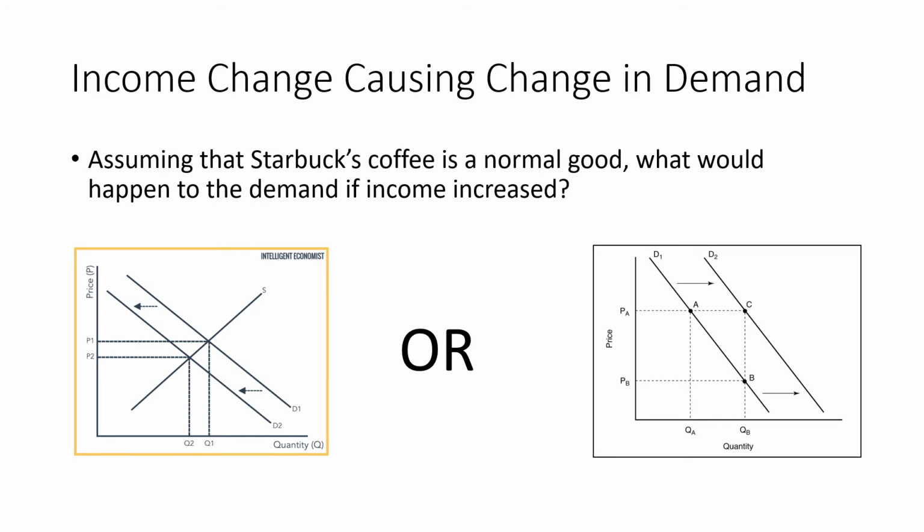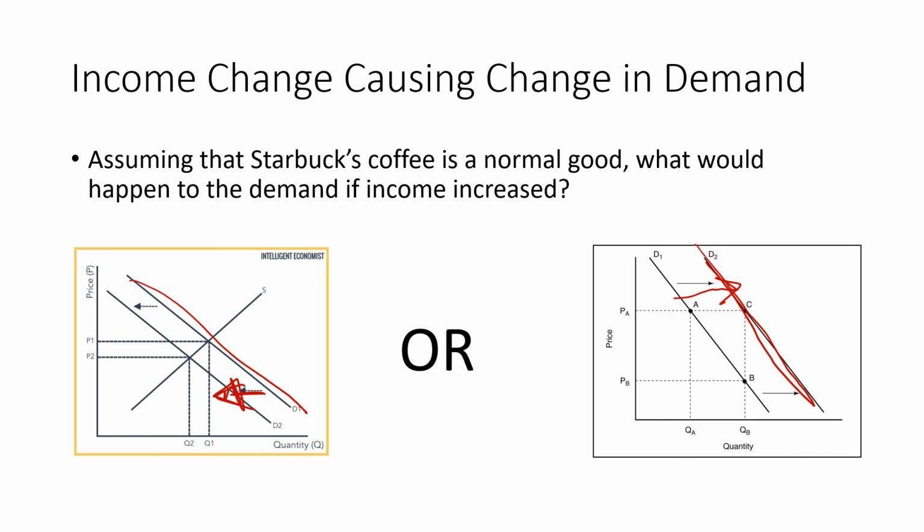As was stated, a change in income can cause a change in demand, and what determines whether that change will cause the demand curve to shift to the right or to the left has to do with whether that good is a normal good or an inferior good.